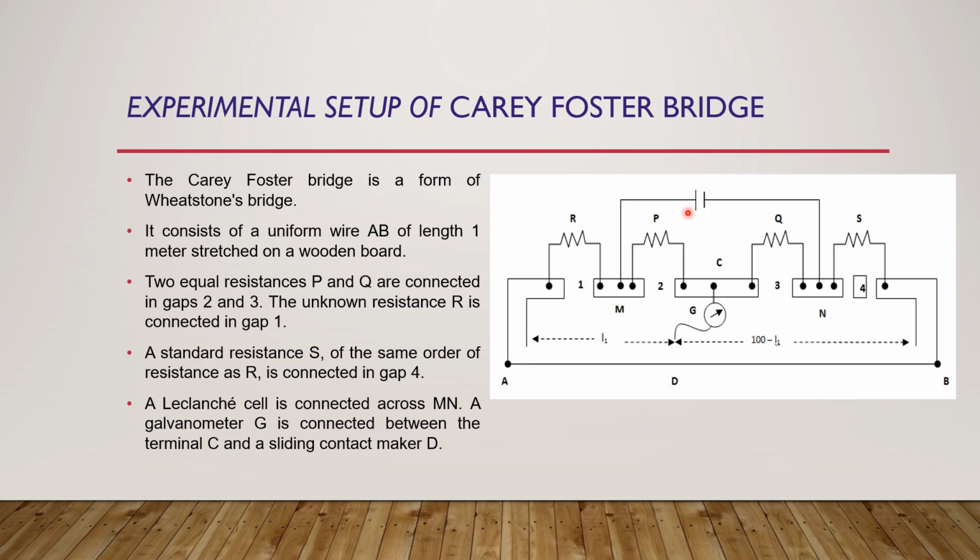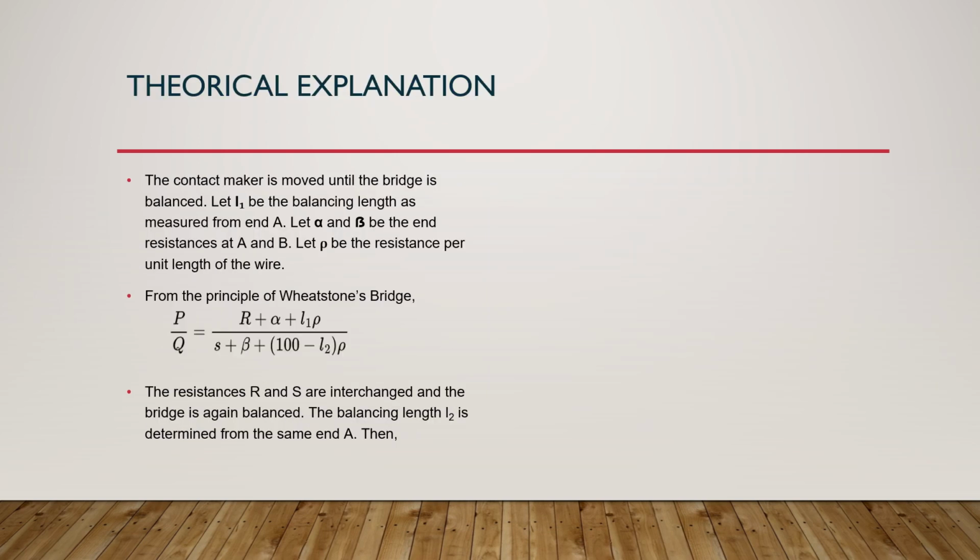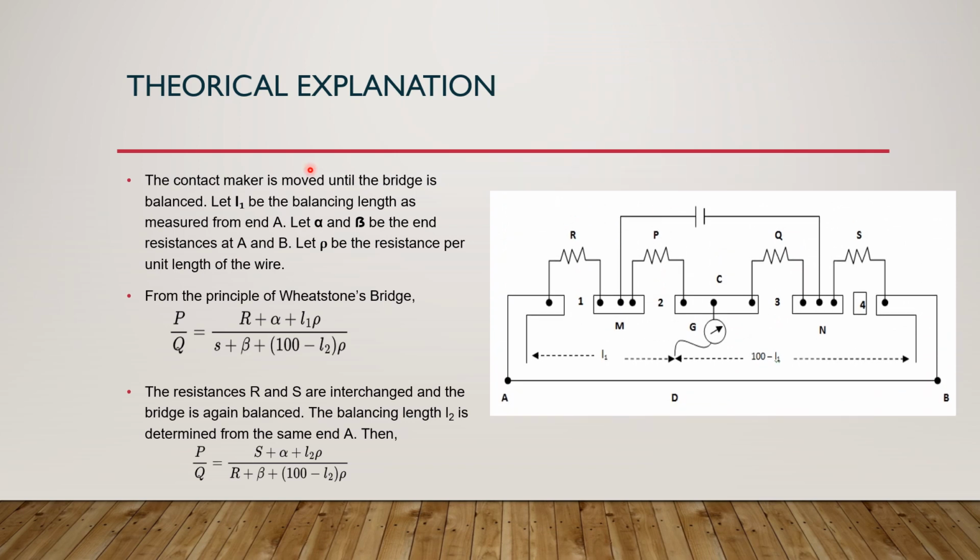A Leclanché cell is connected across M and N. A galvanometer G is connected between the terminal C and the sliding contact maker D. The contact maker is moved until the bridge is balanced.